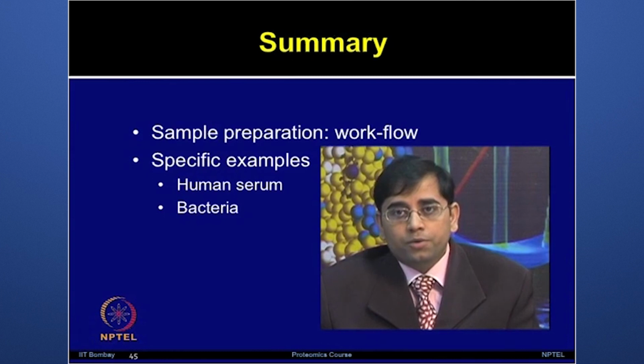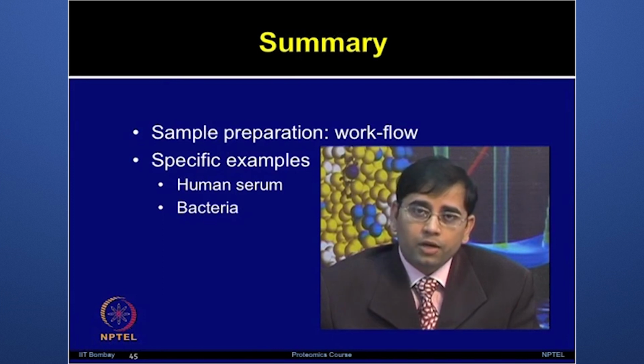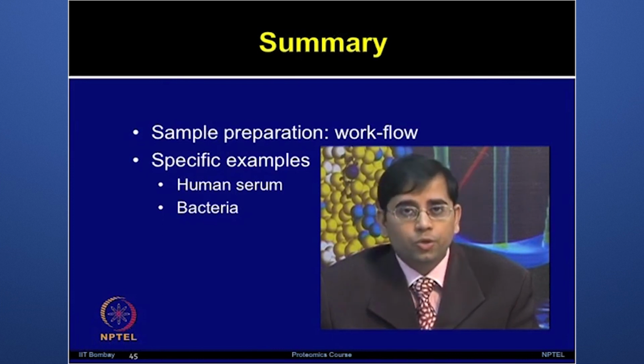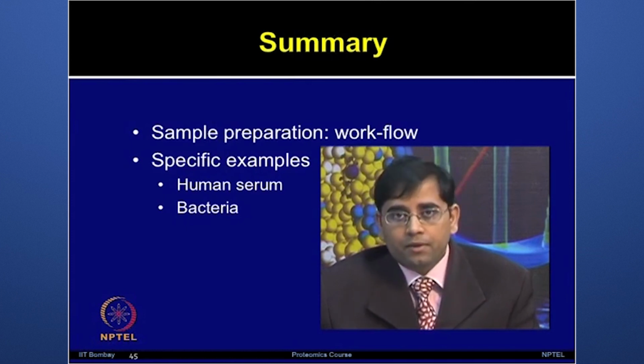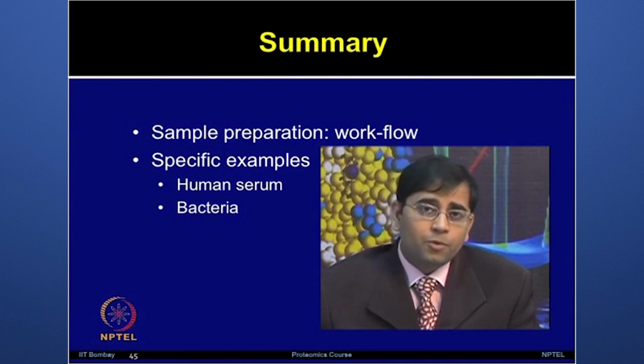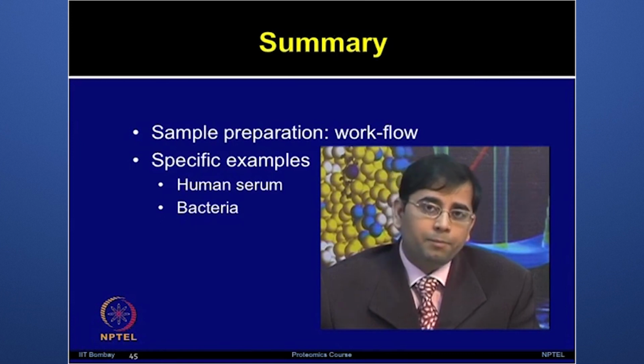Then we talked about removal of interfering components, and we also looked at the pros and cons for each of those components. Then we moved on to looking at specific examples. I gave you a demonstration for how to perform human serum proteome preparation and analysis. Then we moved on to bacterial proteome sample preparation.